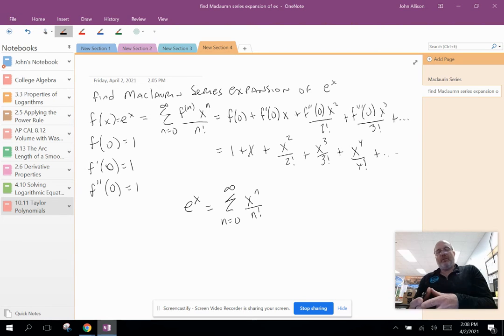This is a series that converges. We could show that by the ratio test. I'll show you that this series here converges. We may have already done this, I'm not sure. But let's look at the n plus 1 over the nth term.